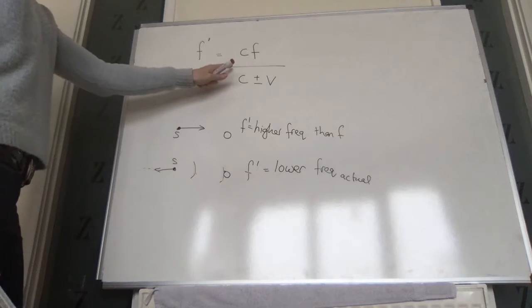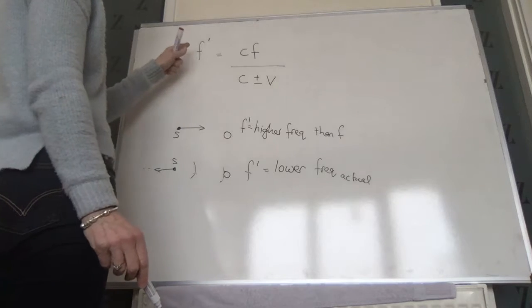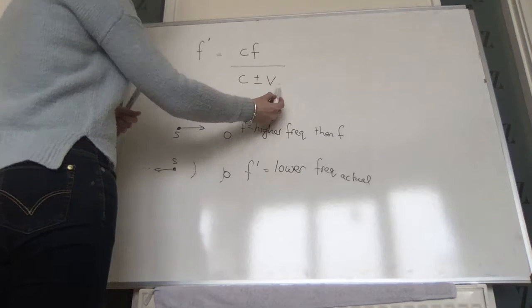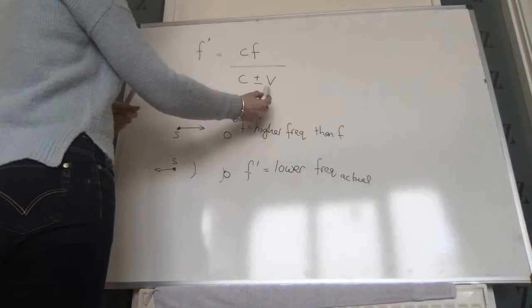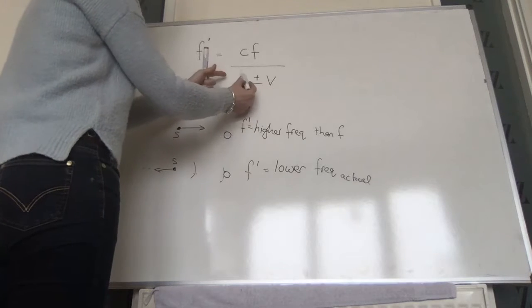So this is how you decide whether you use the plus or the minus. If there's a plus underneath, hopefully you will see that this number is bigger than if there's a minus underneath. If there's a plus here, that's a bigger number.